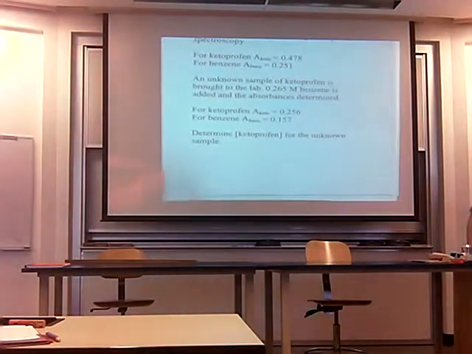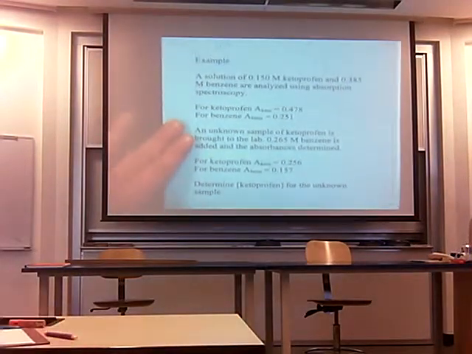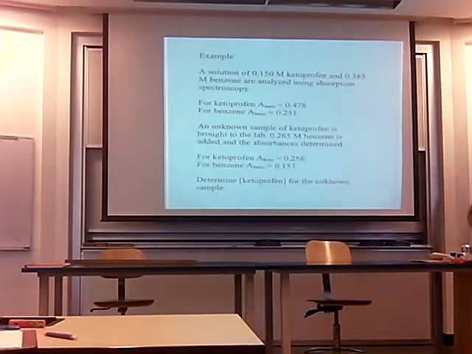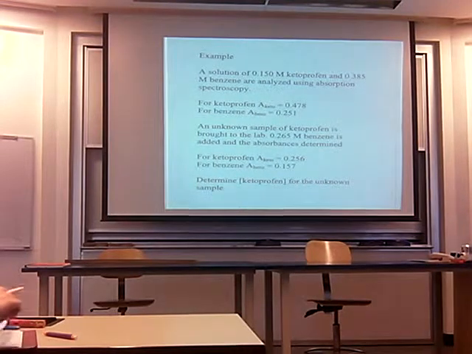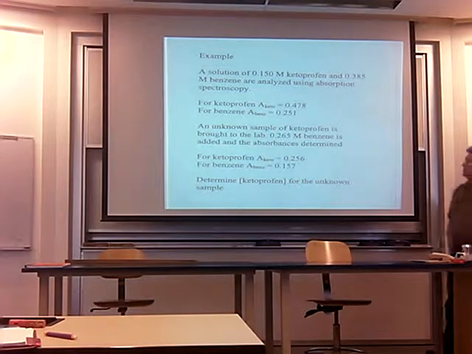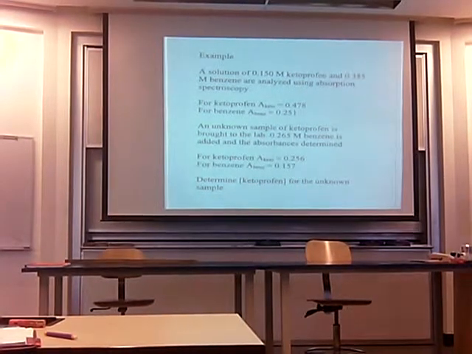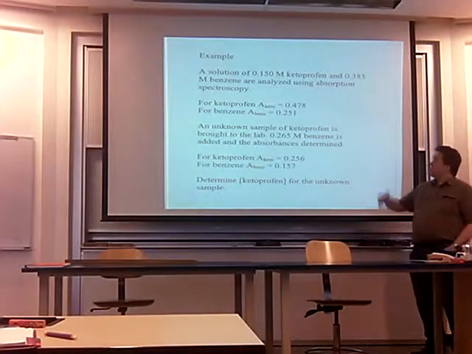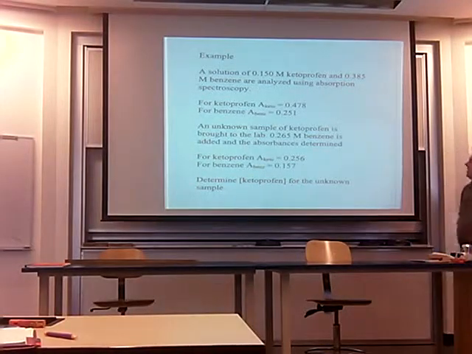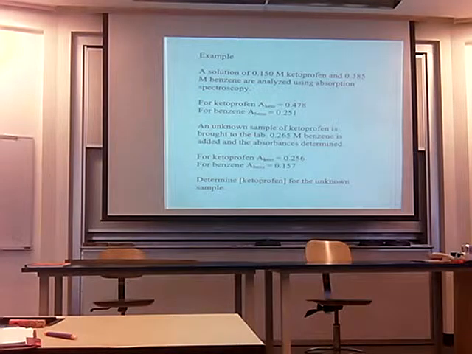So for example, we make up a solution of 0.15 molar ketoprofen and 0.385 molar benzene, chemically somewhat similar with an aromatic ring in ketoprofen, and they're analyzed using absorption. The absorbance for the ketoprofen is 0.478, for benzene is 0.251.